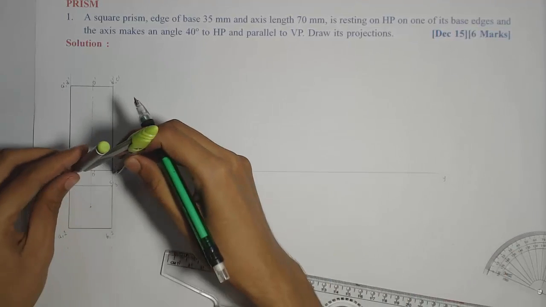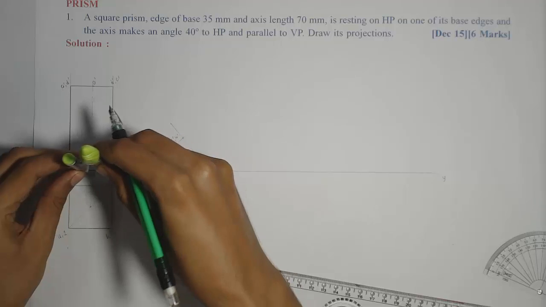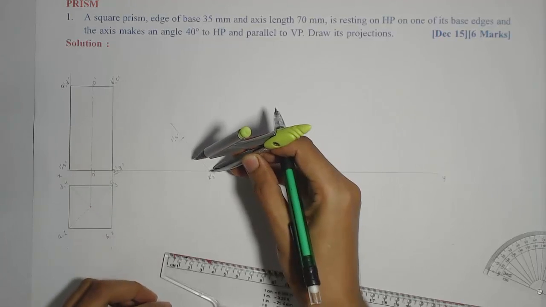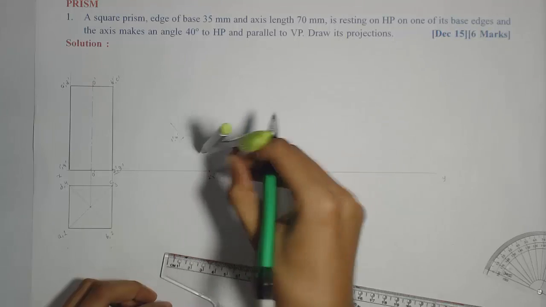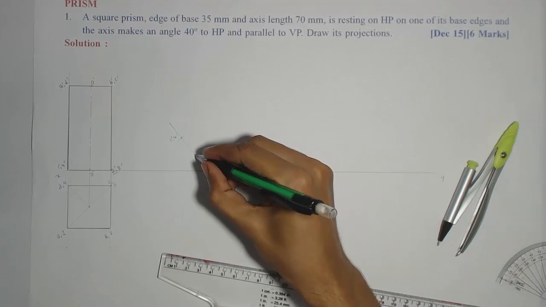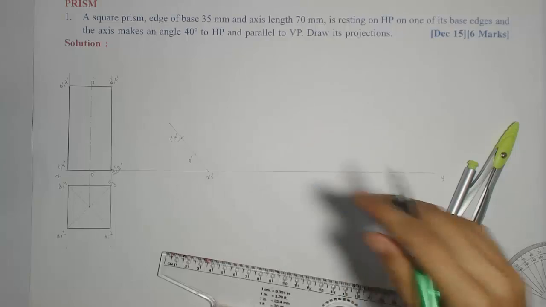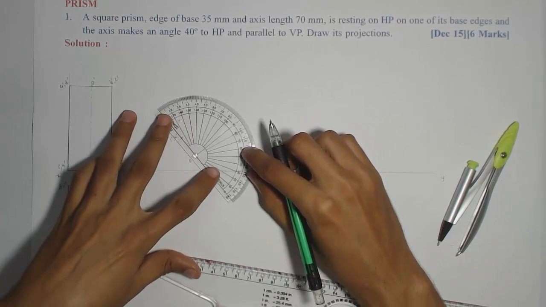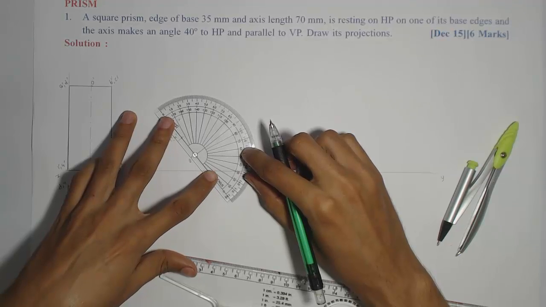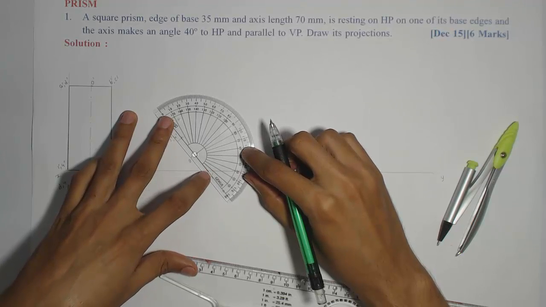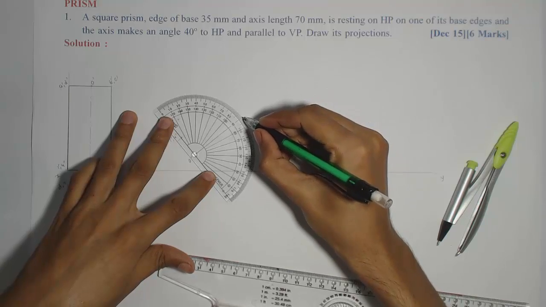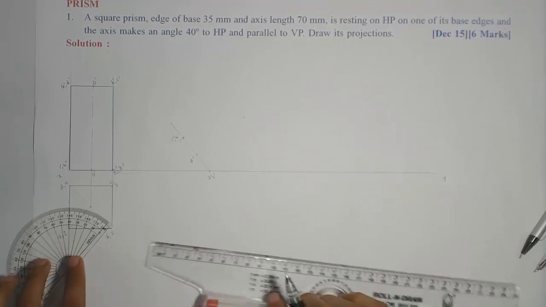Also I need to mark the O dash, which is the midpoint of this base. So I'll get O dash here. Now if I draw a perpendicular to this base at O dash, obviously I'll get the axis inclined at 40 degrees. So from O dash I'll mark a perpendicular.